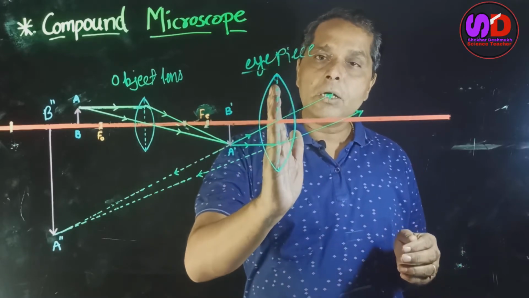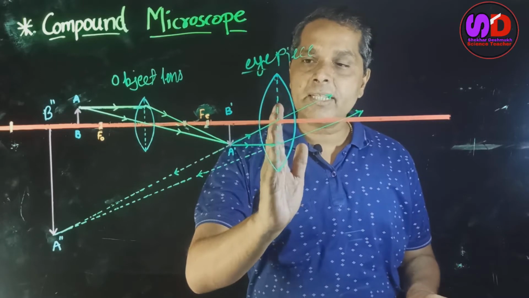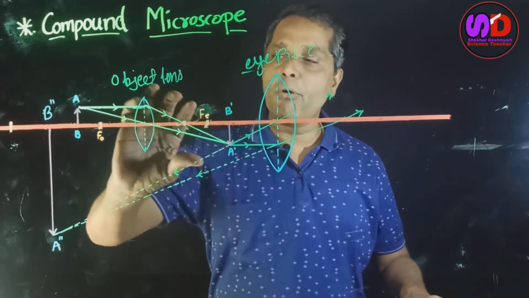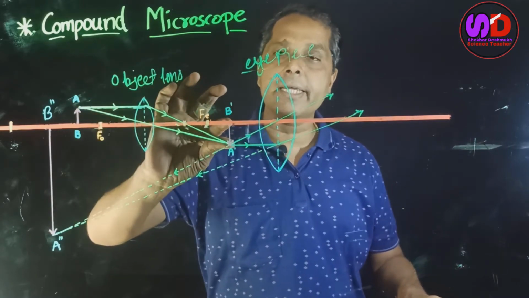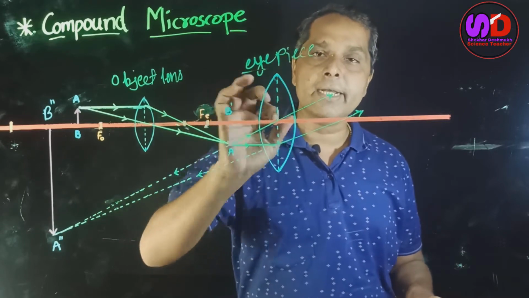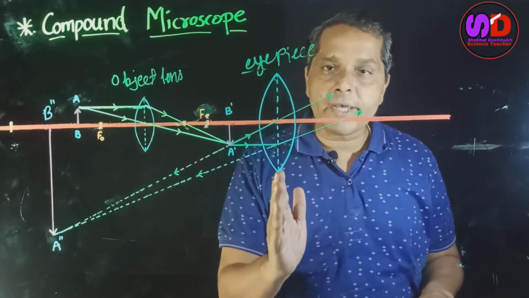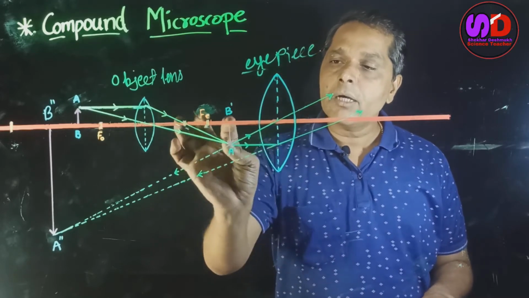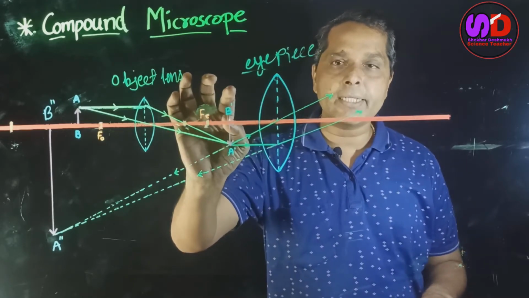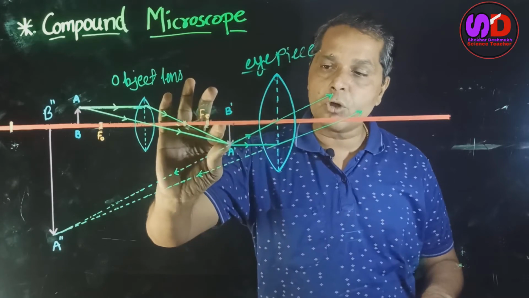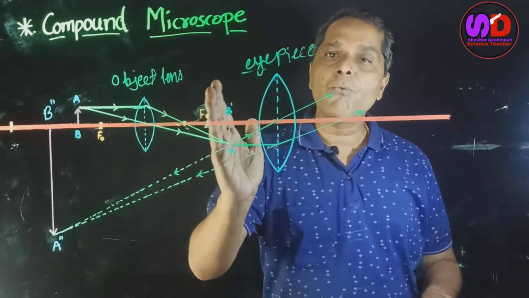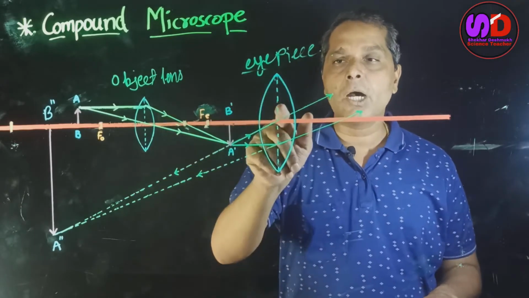For this lens, the image which is formed by the first object lens is taken as the object, and it is adjusted in such a way that this object a dash b dash, now I am calling it the object, is within the focus of this eyepiece.